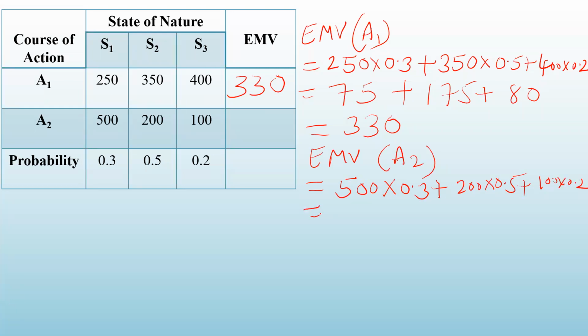Okay. Now, what is 500 into 0.3? It is 150. 200 into 0.5, it is 100. And 100 into 0.2, that is 20.